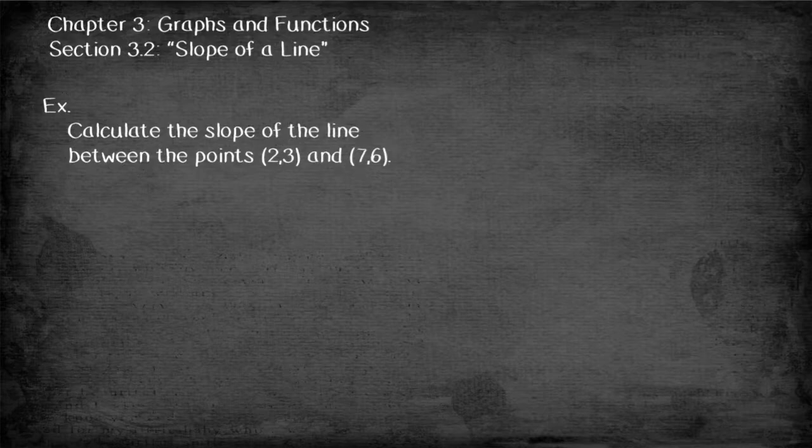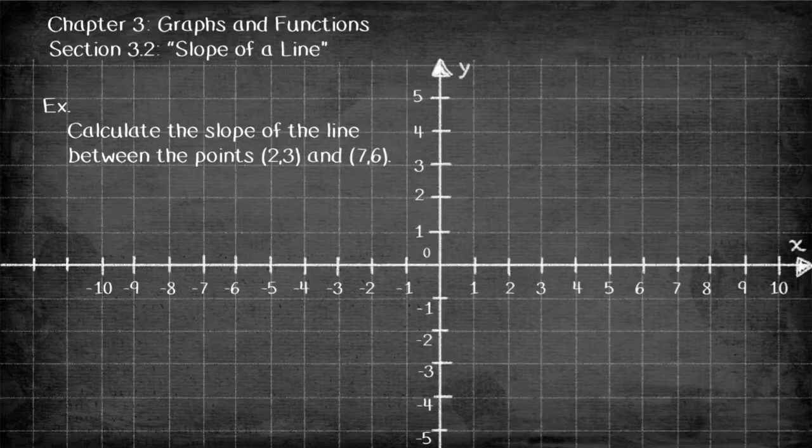Now, you could go through all of the motions using the method of plotting points, and then you would have to draw your axes, and then you plot the points, then you draw the line.